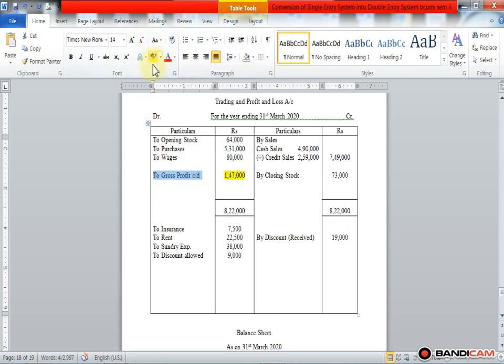Okay, so this gross profit is transferred on the credit side, by gross profit brought down, amounted to rupees 1,47,000.